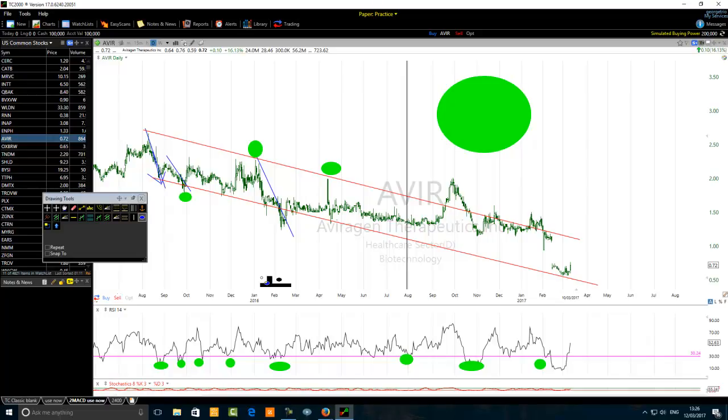So the good way to use the oversold RSI, as we are here now, is when the price breaks above that declining channel and forms a bullish chart pattern or a higher low, or retests that bearish channel.